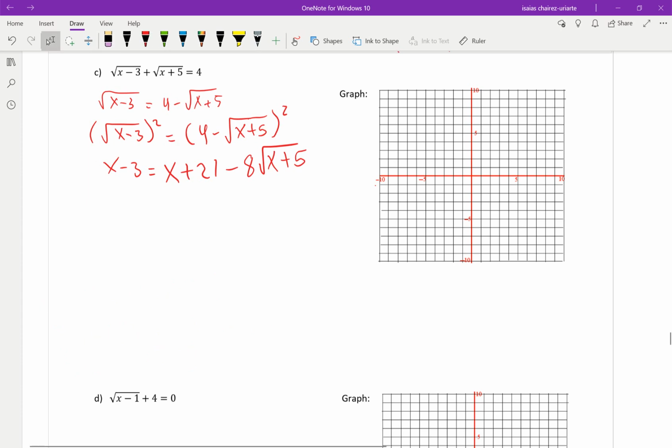Now let's continue collecting like terms. So I'm going to say minus x, minus 21, minus 21. So the x's are gone. Now I'm going to have negative 3 minus 21. That's negative 24 equals negative 8 square root of x plus 5. I'm going to divide everything by negative 8.